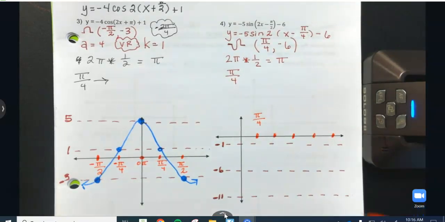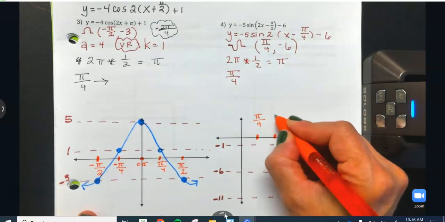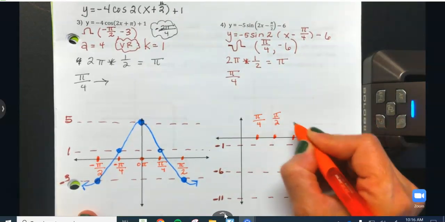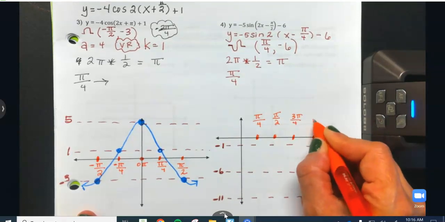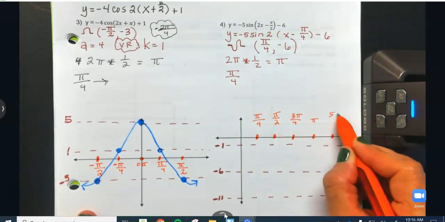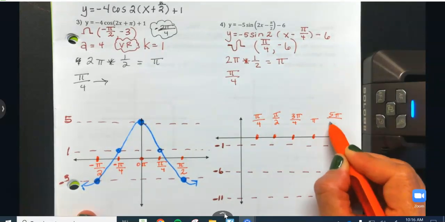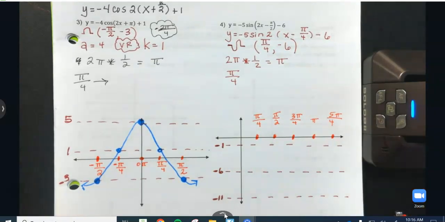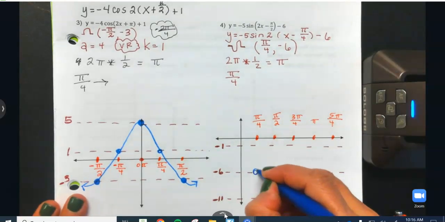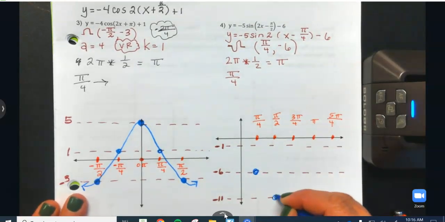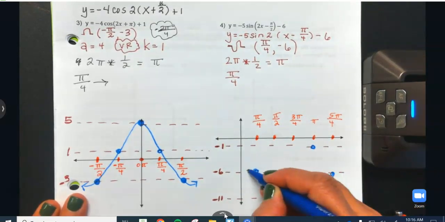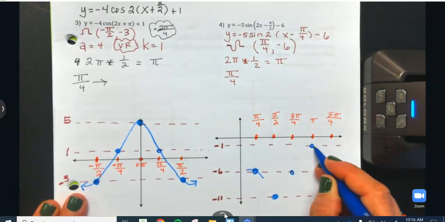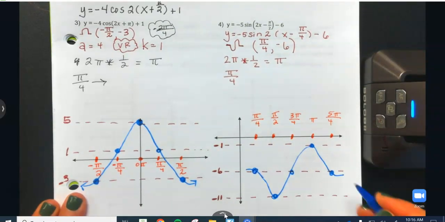All right, so 1/4, 2/4, look, 3/4, 4/4, 5/4. Awesome. Let's draw that upside down sine curve. Still going to start in the middle, but remember, you go down, then you climb up. And that's it.